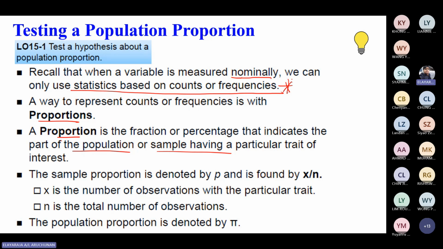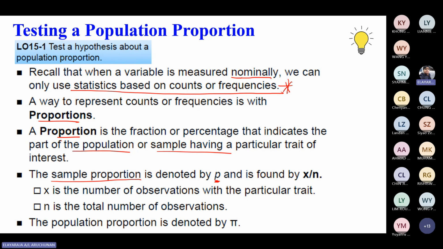Based on the frequency value that we obtain, we come up with the percentage which represents the population and samples. The sample proportion is denoted by p. I'm sure you all studied that in last week's class; we use the same notation throughout the subject.